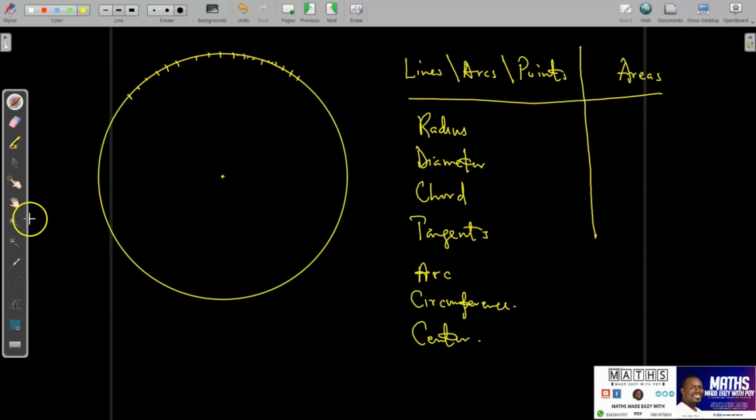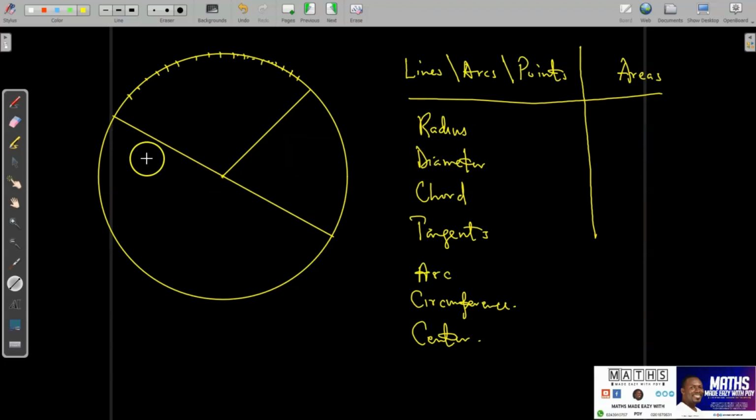The radius is simply a given line segment which connects the center and the circumference. The diameter is simply a line segment which connects 2 points on the circumference passing through the center. So that is the definition for a diameter.